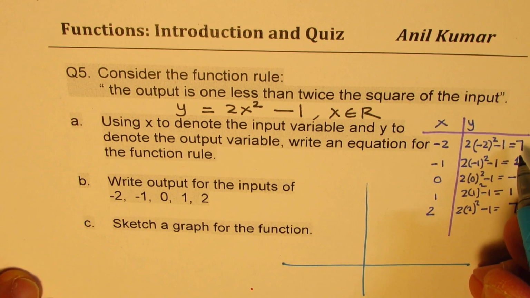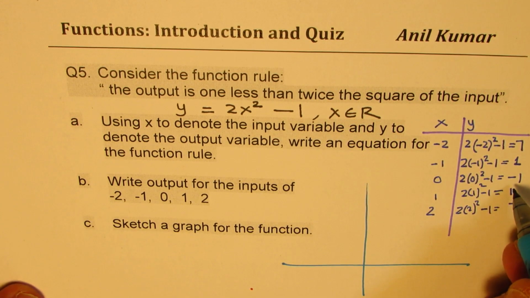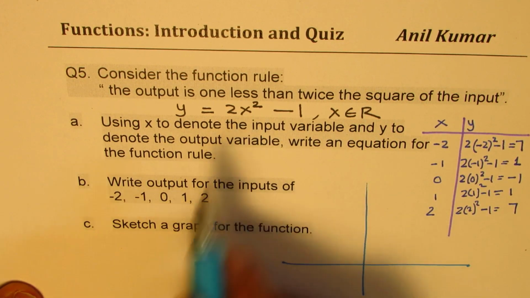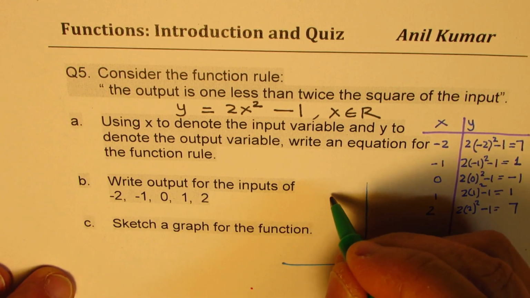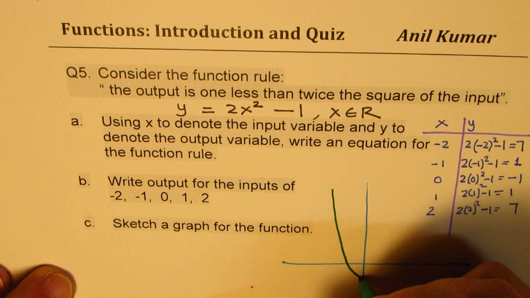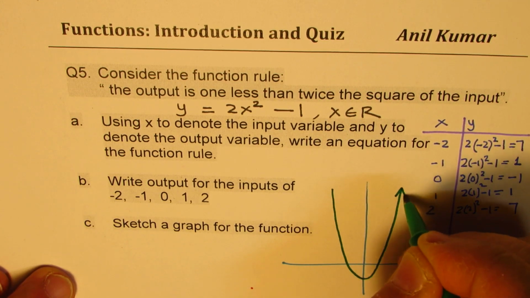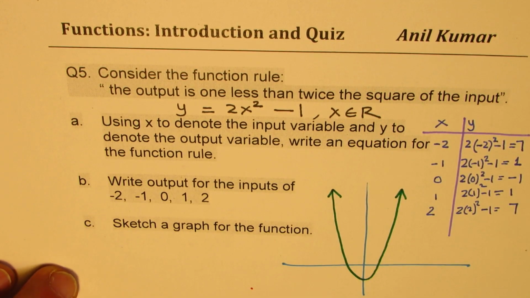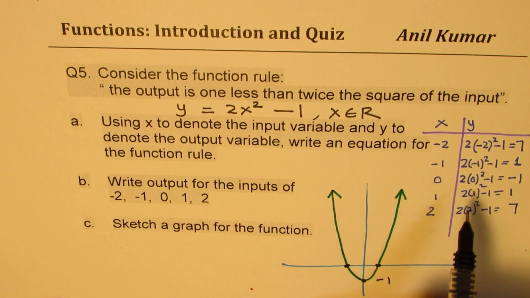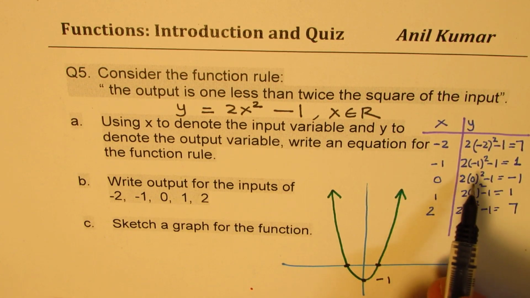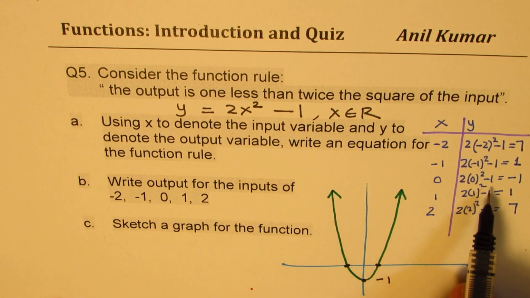We see most of these values are positive, lowest being -1 when x is equal to 0, correct? So the graph which you get will be like a parabola, shifted 1 unit down and vertically stretched by a factor of 2. Do you see that part? So that becomes your graph where this point is -1 for you, right? At 0, we have -1.